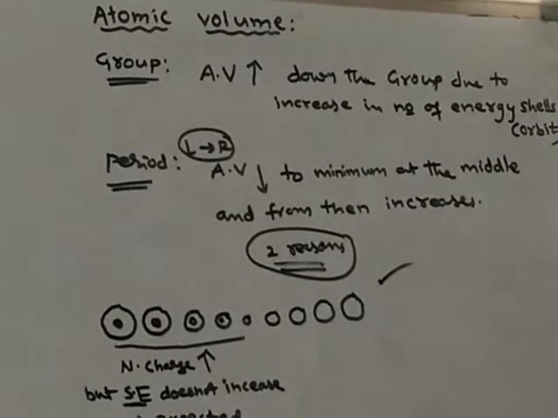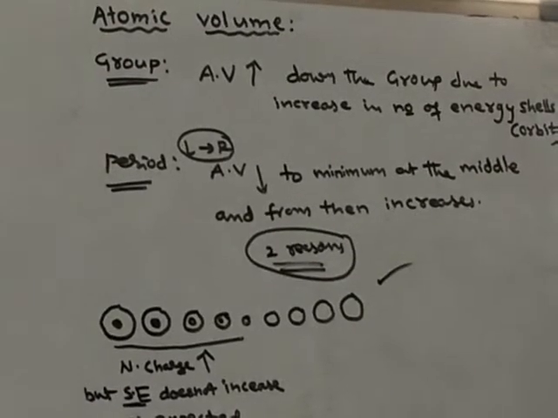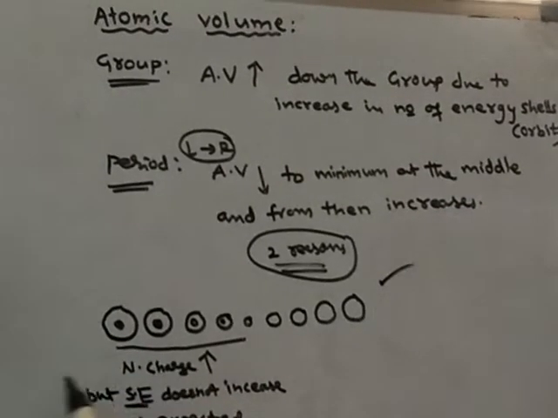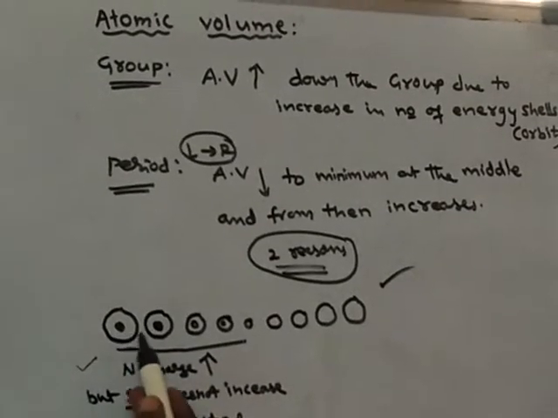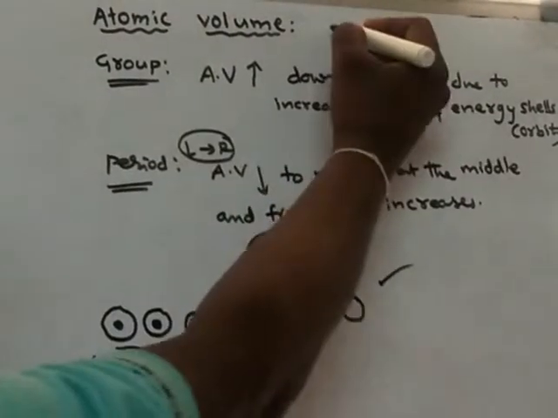So up to the middle, the atomic radius decreases due to the increase in the nuclear charge. This is the reason. As the nuclear charge increases, the radius decreases. What is the formula of atomic volume?